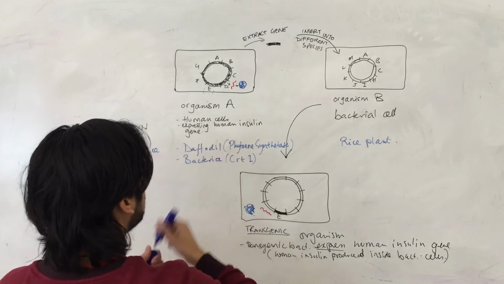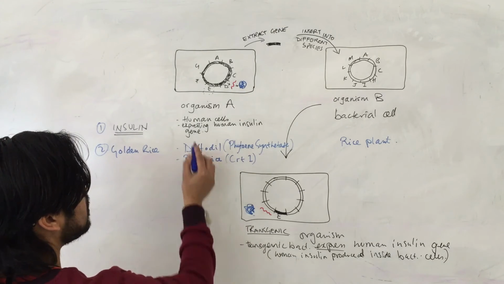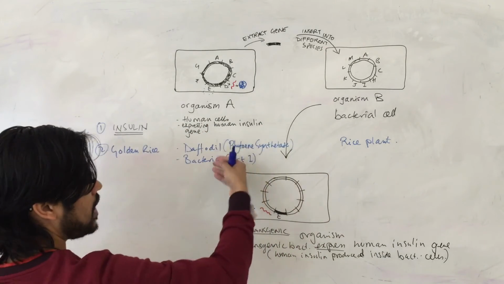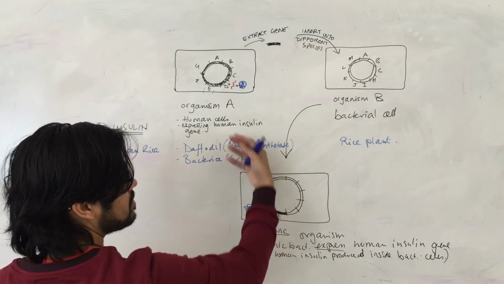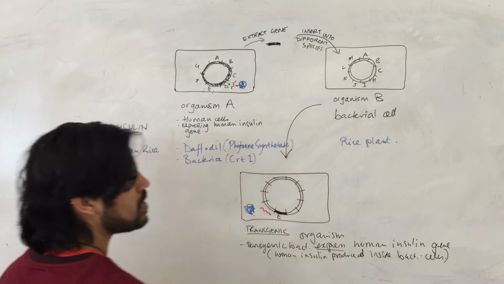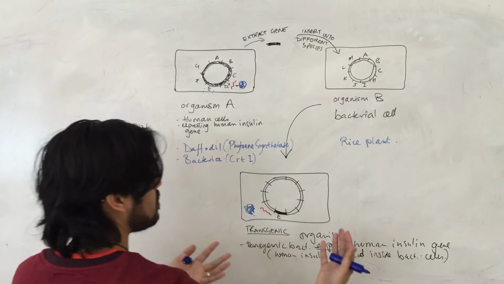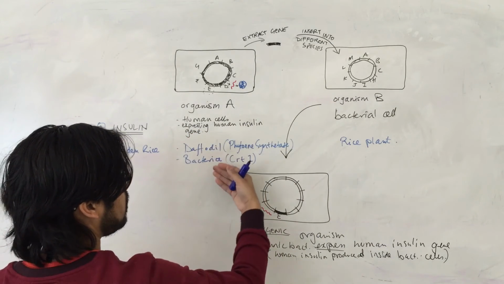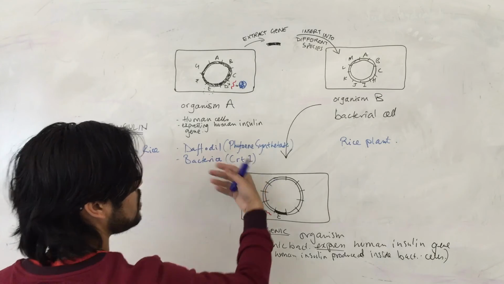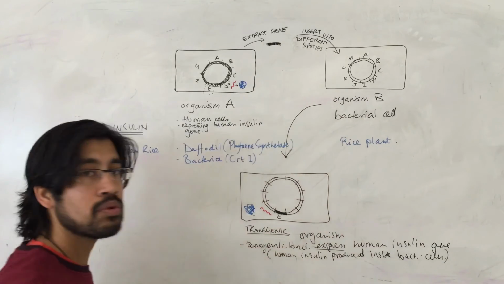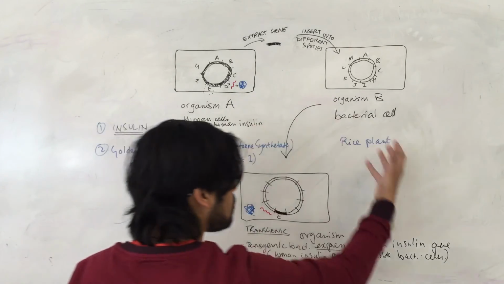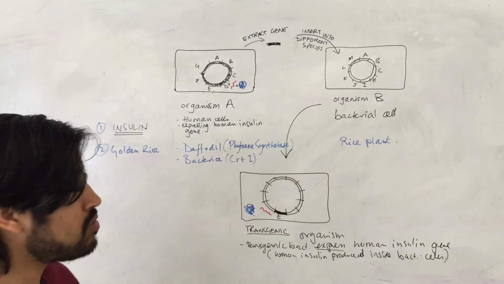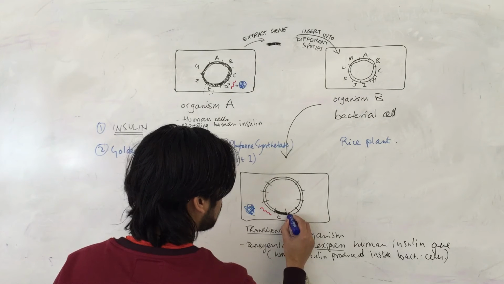So daffodil and bacteria are our organism A, and we can extract the gene for phytoene synthetase and put it into the genome of a rice plant cell, and we can extract the gene for CRT1 and also put it into the rice plant cell, producing a transgenic rice plant which now has 2 extra genes.